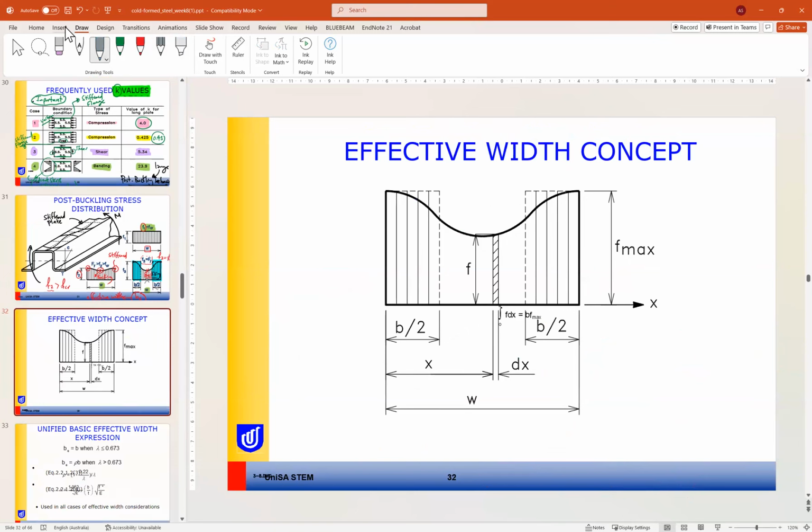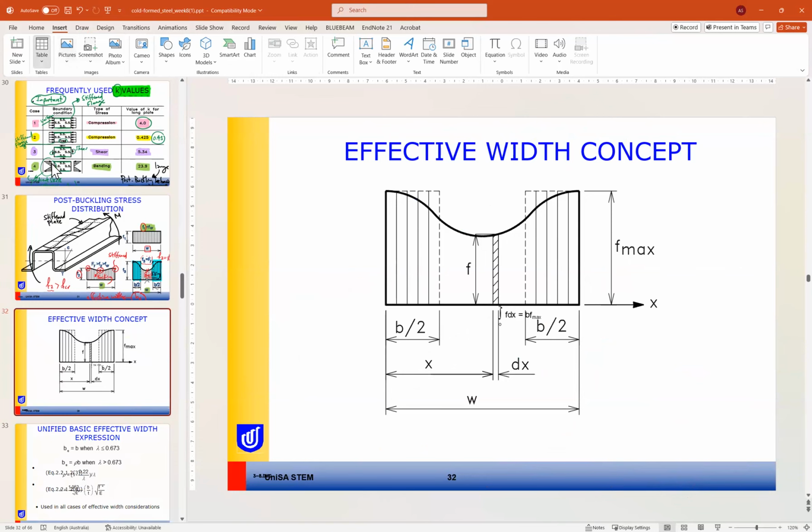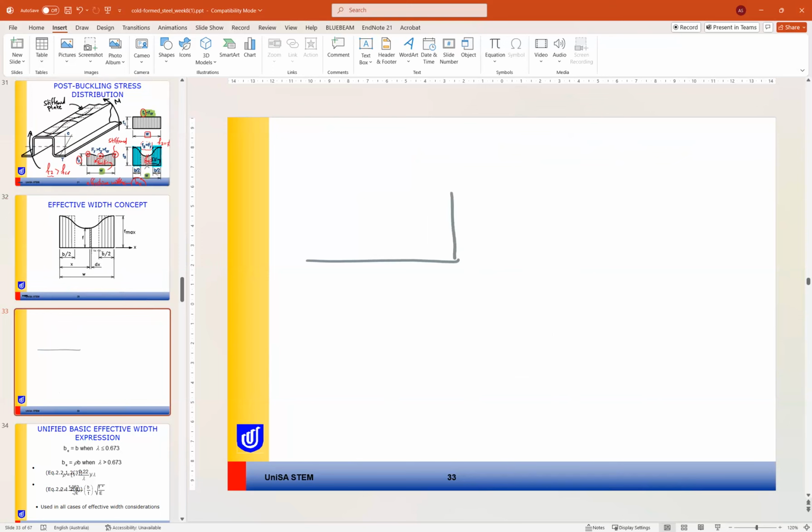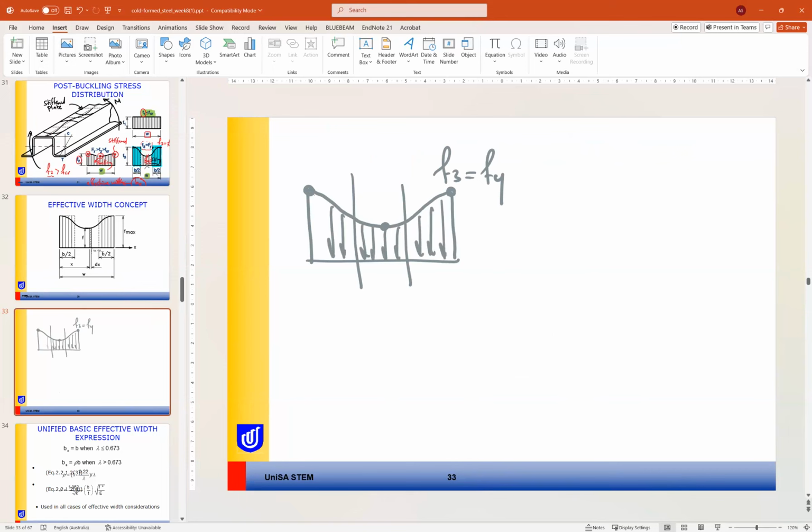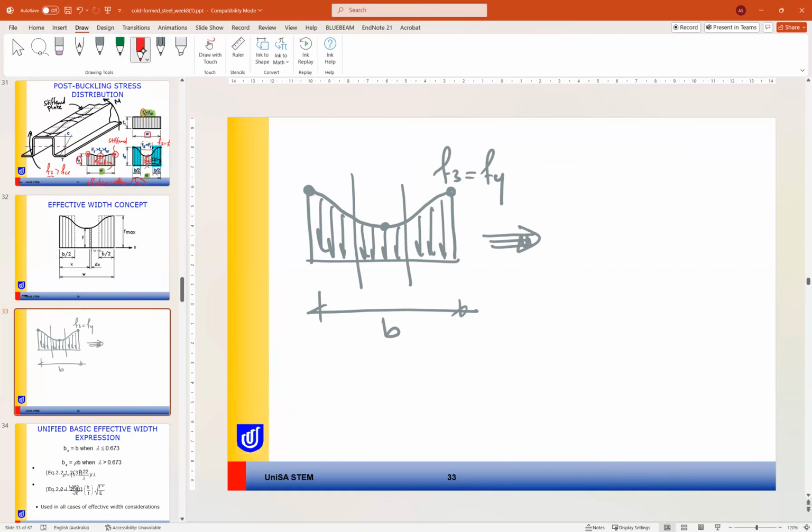I can draw another diagram quickly here. The actual stress on the plate will be something like this due to buckling. We have lower stress here compared to here, where F3 equals F yield. This is the shape of the stress we have, and this is our total plate width. So instead of working with the non-uniform stress, what we have done is just using an approximation.